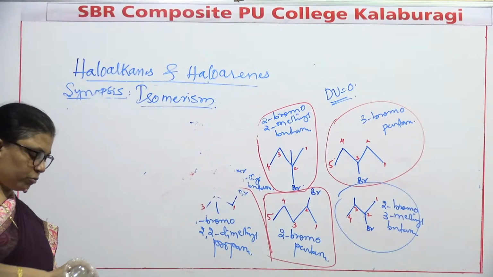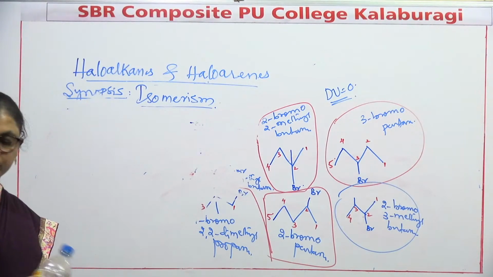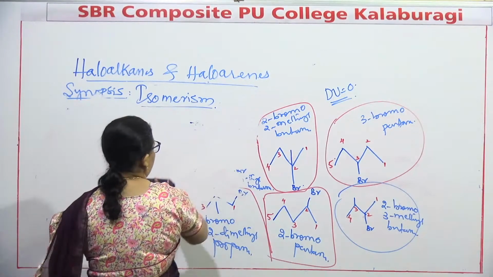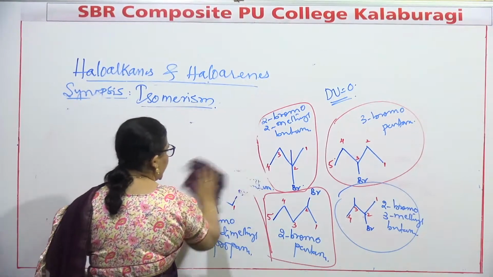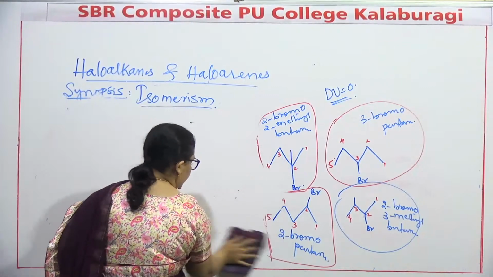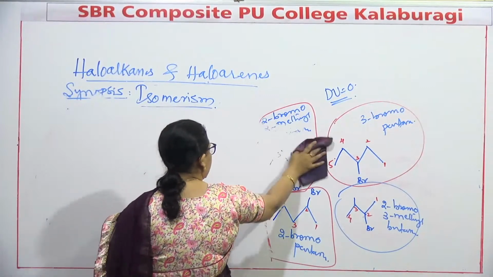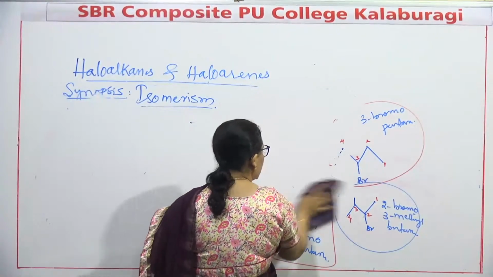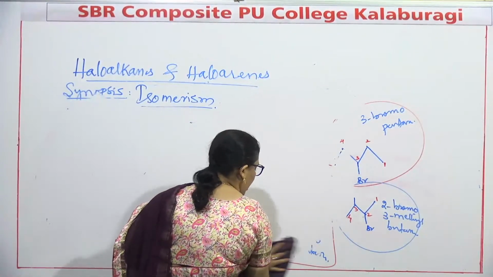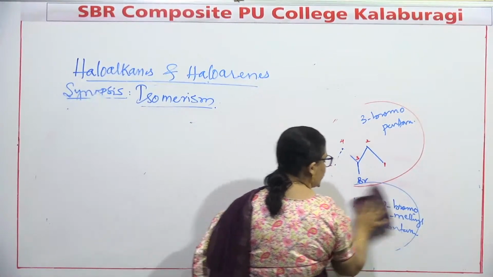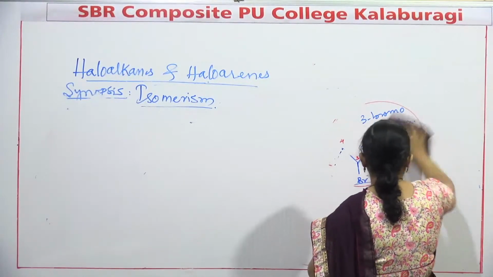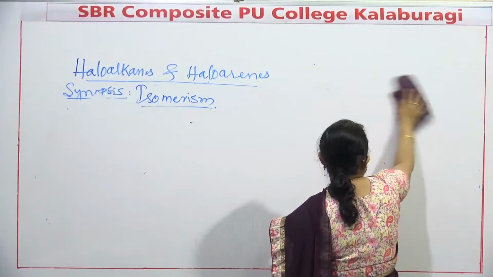I think in optics you must have studied the difference between ordinary light and plane polarized light. Ordinary light can be converted into plane polarized light by passing through a polarizer, and usually the polarizer used is a Nicol prism.